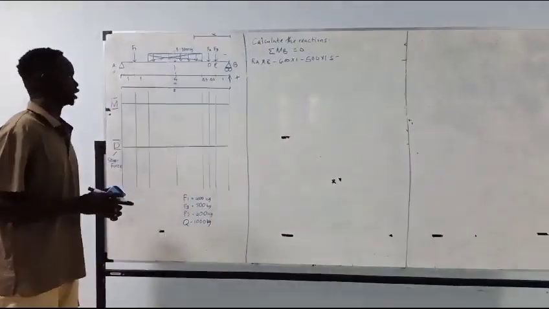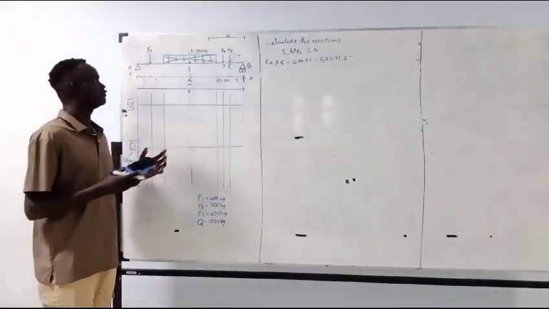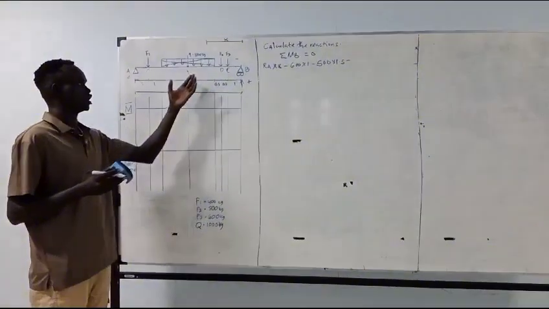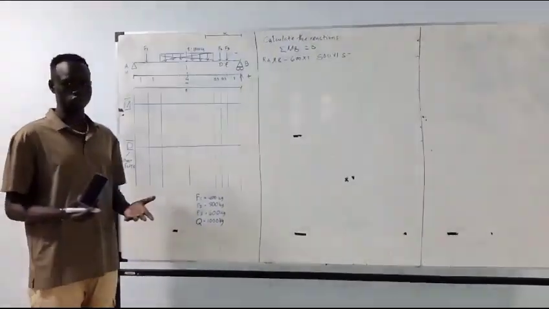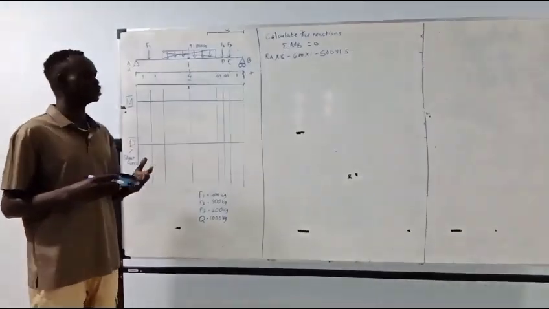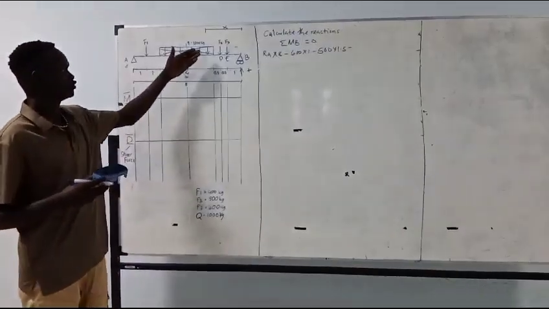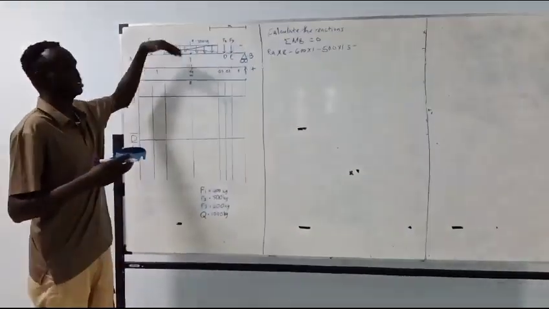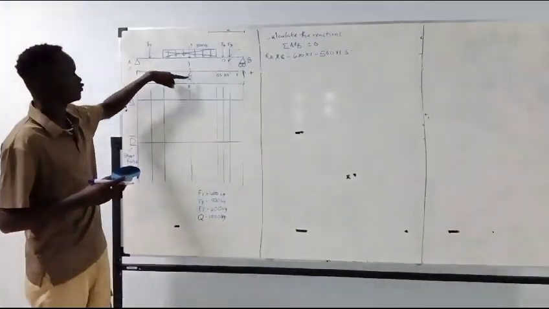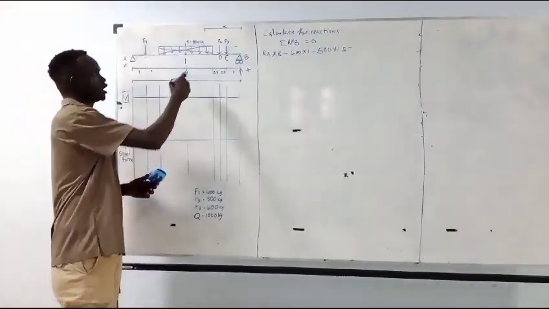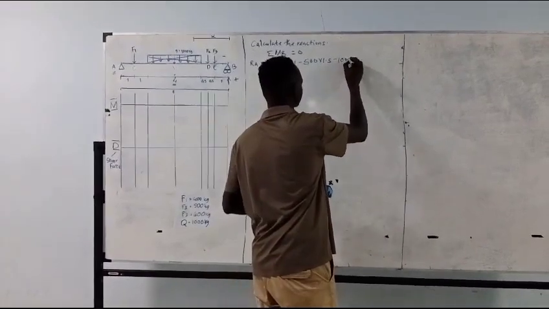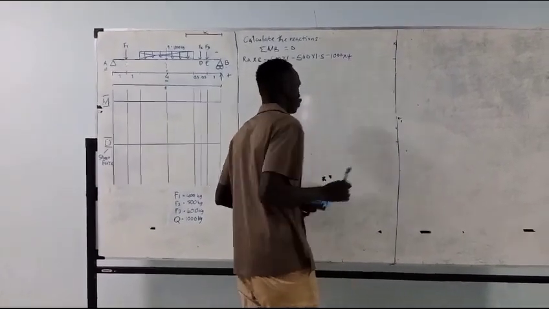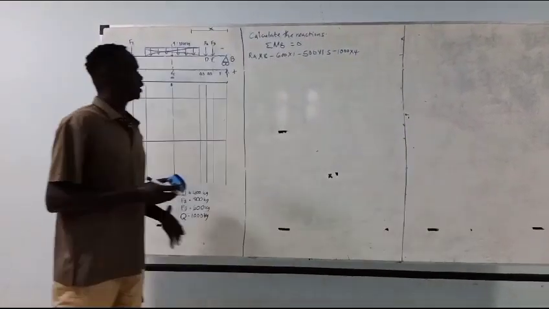Minus now the UDL. To solve this we have to convert the UDL to a point load, which is the UDL force times its actual distance of 4 meters, so minus 1,000 times 4.